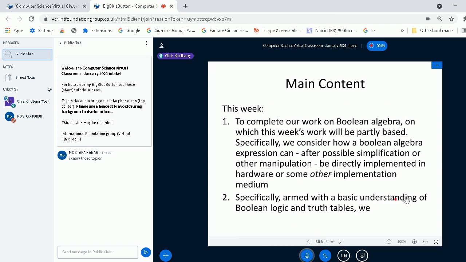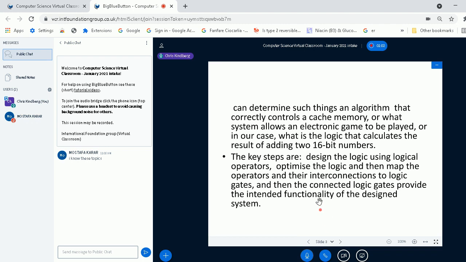So armed with a basic understanding of Boolean logic and truth tables, which we did actually cover very quickly last week, we can determine such things as algorithms that correctly control a cache memory or a BMW engine, or a system that allows an electronic game to be played.